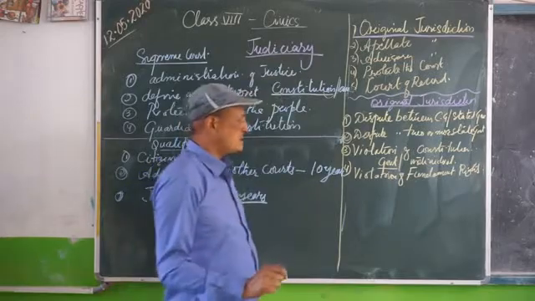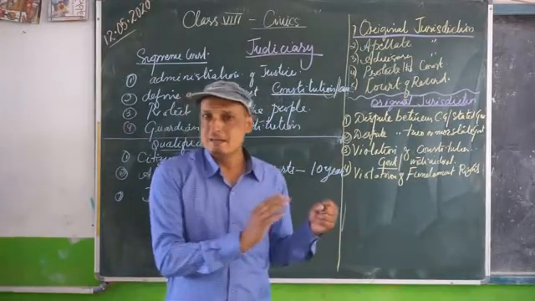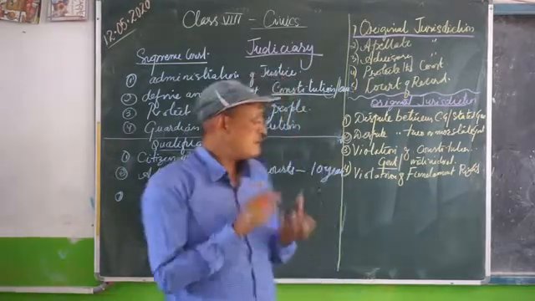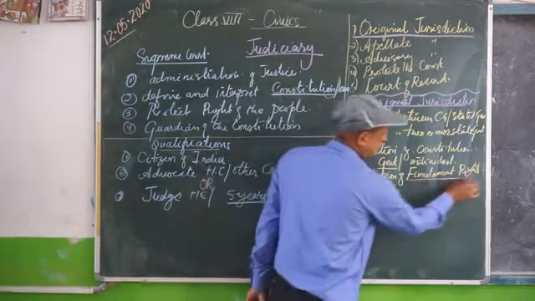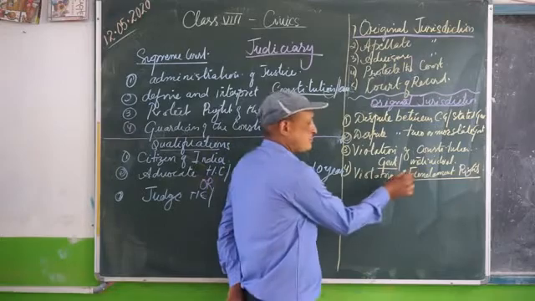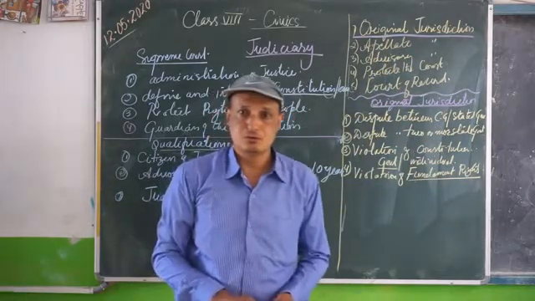If any person, any organization, or any government, purposely or by mistake, violates the fundamental rights, which are 6 in number in Part 3 of the Constitution, then that case can originate only in the Supreme Court.